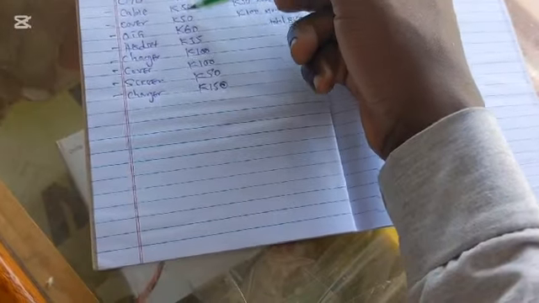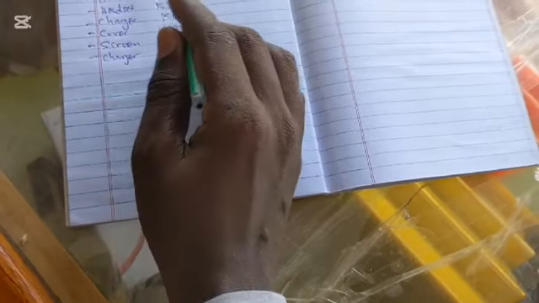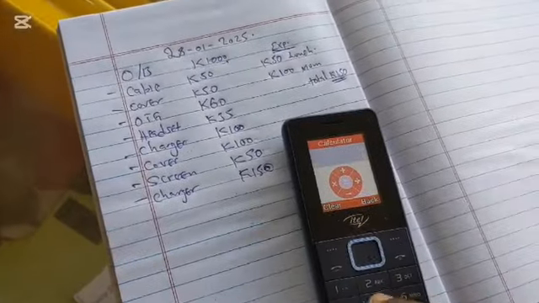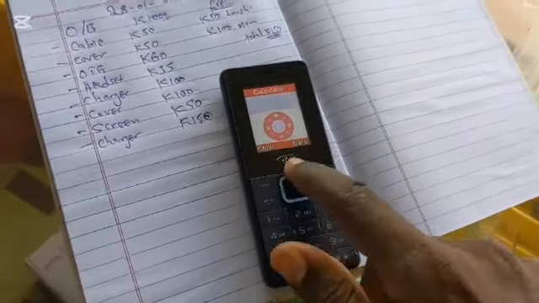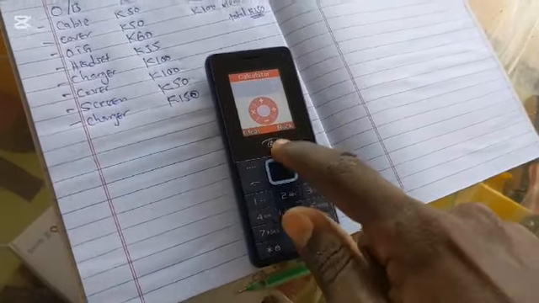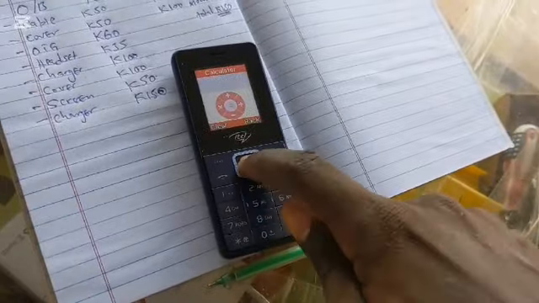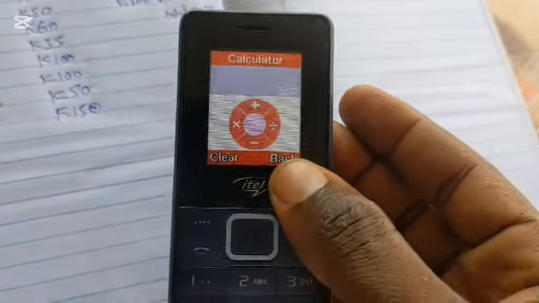Then I'll count how much I made here. Remember, this is the opening balance, so we never sold this, we came with it, right? So then I'll count: 50 plus 50 plus 60 plus 35 plus 100 plus 100 plus 50 plus 150. Our total sales on this particular day was 595.